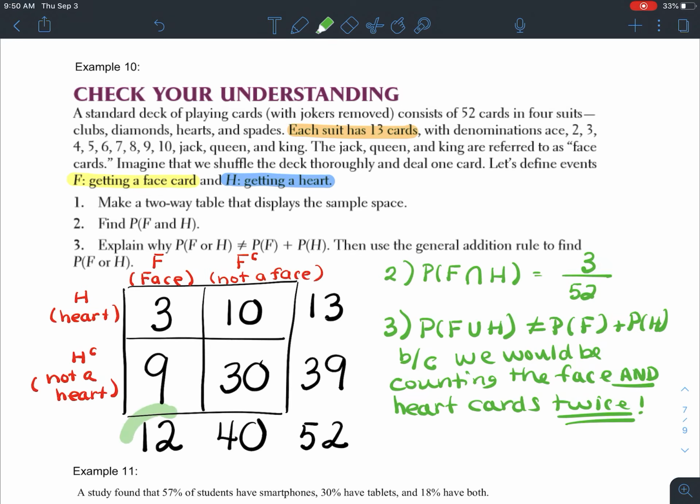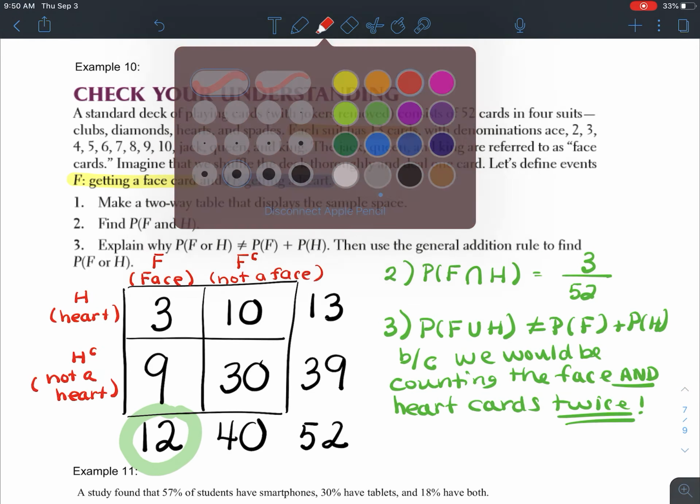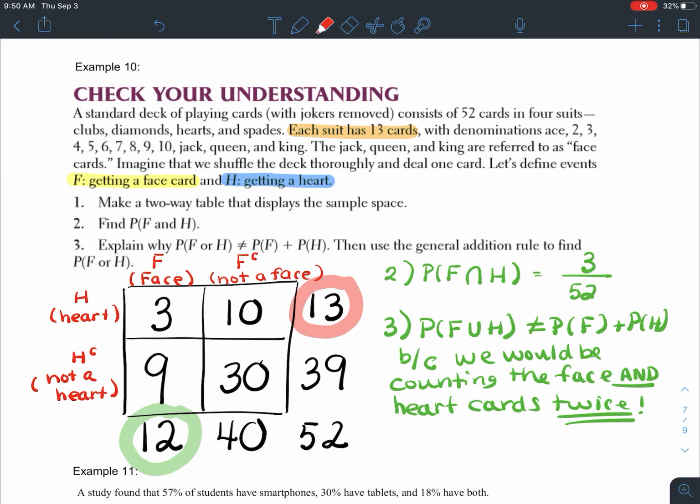If you think about this, if we say the probability of a face card is 12 out of 52, and then the probability of a heart card is 13 out of 52, we have accidentally counted these 3 cards here twice.